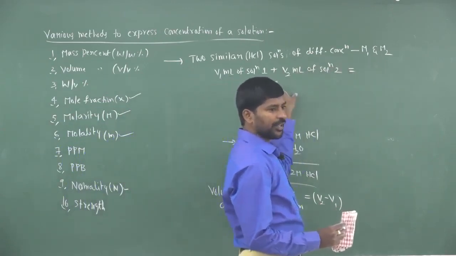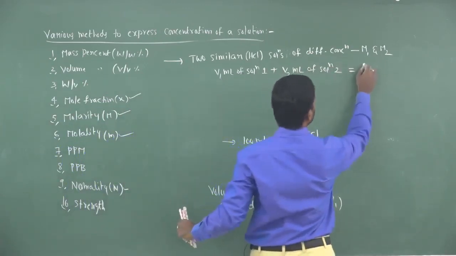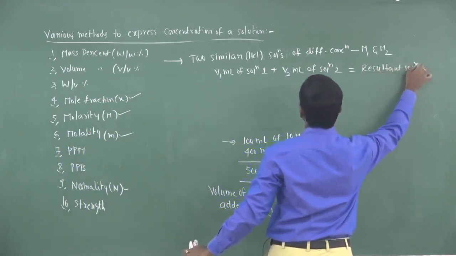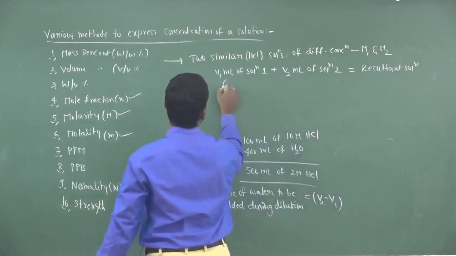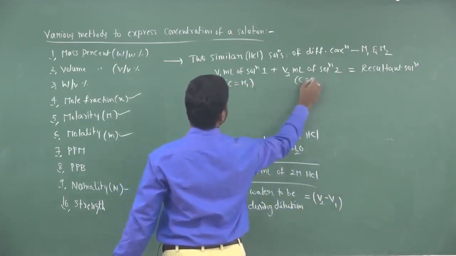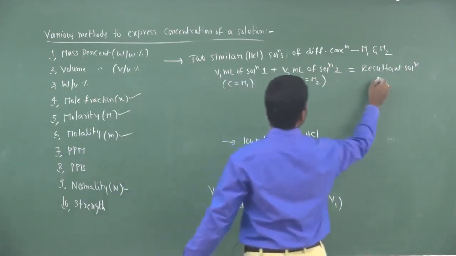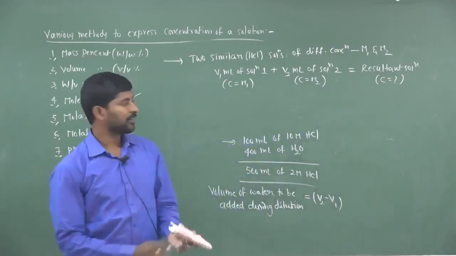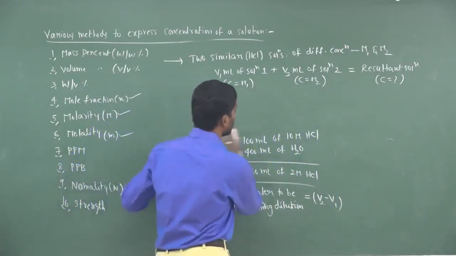Now we are mixing these two. This is the resultant solution we have. V1 ml of solution whose concentration is M1, V2 ml of solution whose concentration is M2. Now what about the resultant solution concentration?